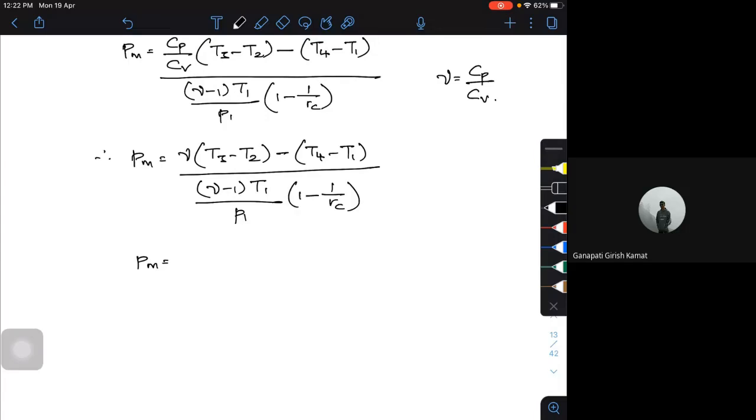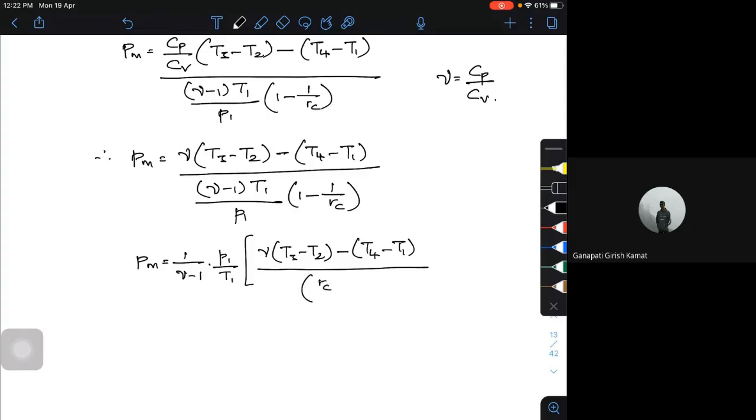Pm is equal to 1 by gamma minus 1 into P1 by P1 as it is, then gamma into T3 minus T2, because the gamma is only multiplied with respect to T3 minus T2, that's why I have to take it inside, minus T4 minus T1, whole thing divided by RC minus 1 by RC.